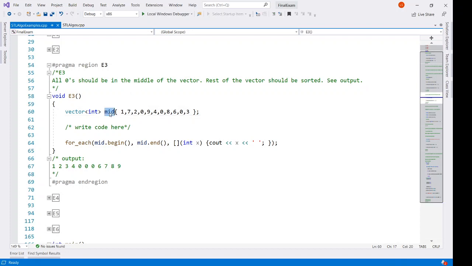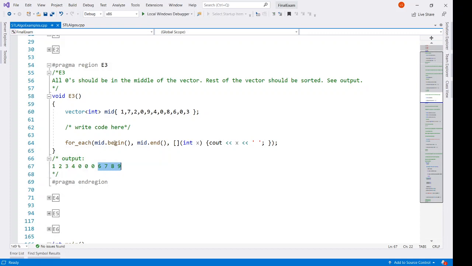We have been given a vector with some values, and some of them are zeros, and the output should look like this. So all of the zeros should be together in the middle of the vector, and the rest of the vector should be sorted in ascending order by default. So how can we go about it?